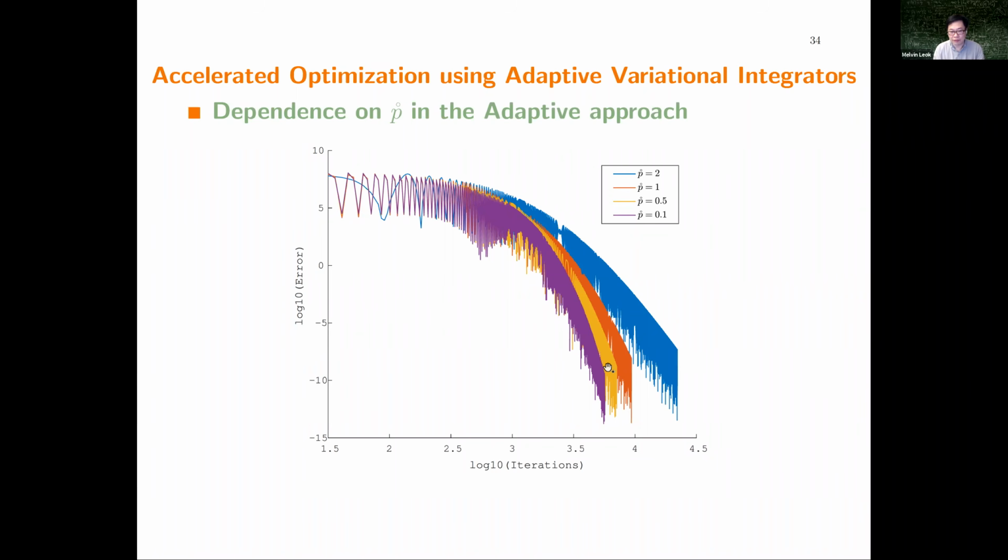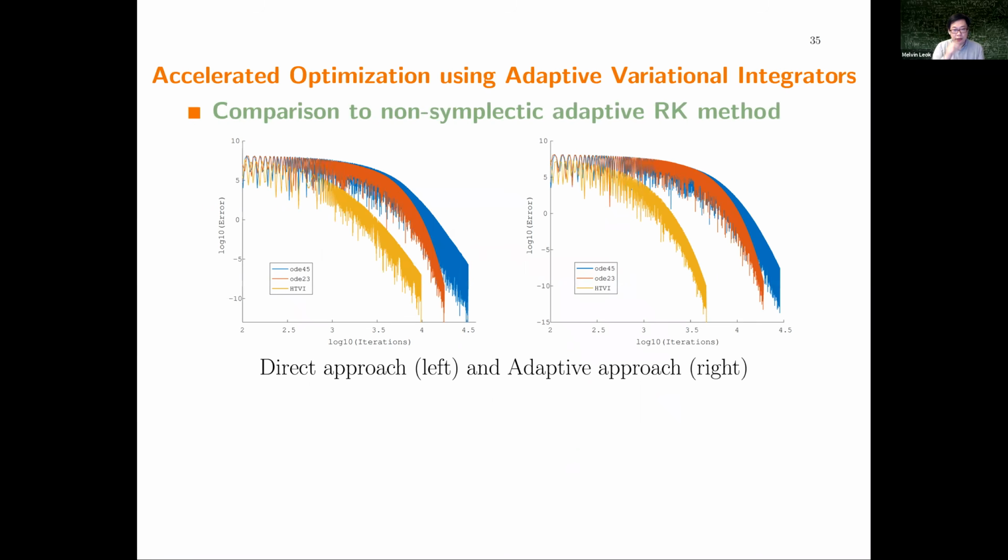So there are a lot of things you can play around with here. You can choose P, which is the order of the method, the order of convergence of the continuous flow you're trying to approximate. And then P0 is the rescaled thing in which you actually implement the code. Okay, so that's kind of promising.